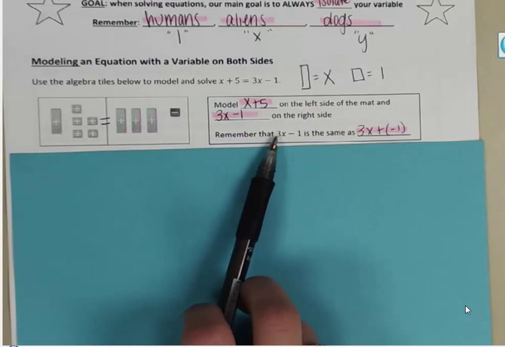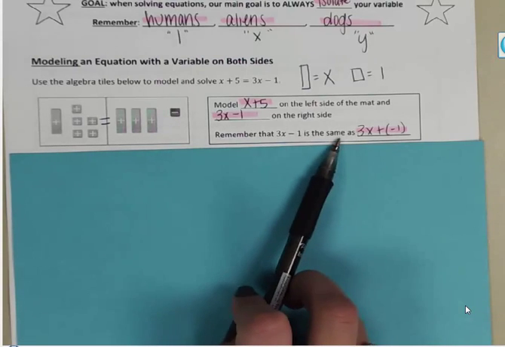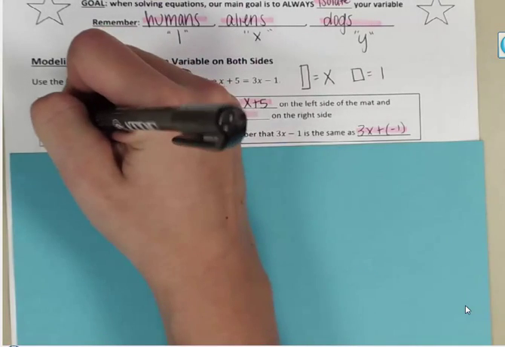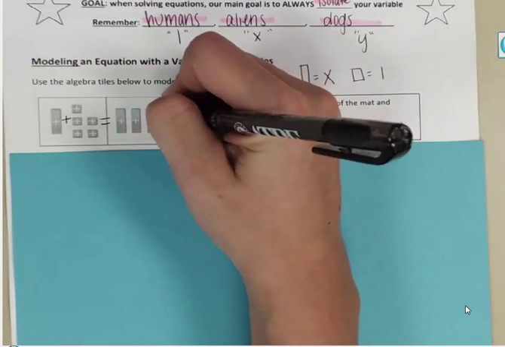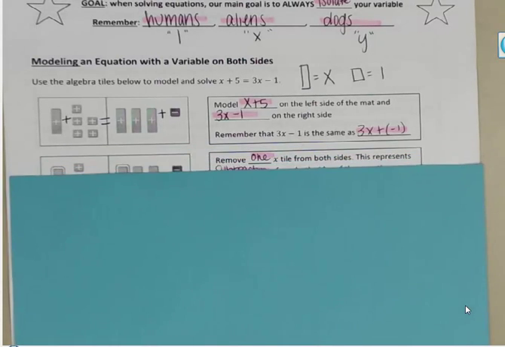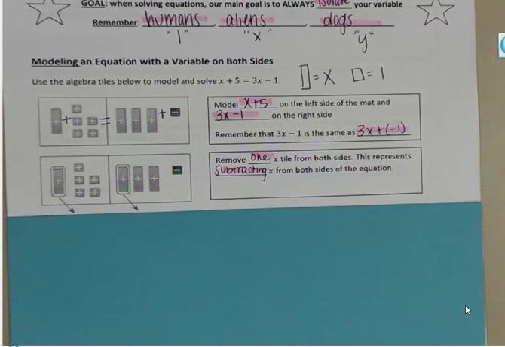Remember that 3x minus 1 is the same thing as 3x plus a negative 1. So you could look at these as plus signs in between here. Is all that's saying. Alright, well we know we have to get the humans on one side and the aliens on the other, or we have to isolate our variable x. So let's see what they did. Okay, they removed one x tile from both sides.